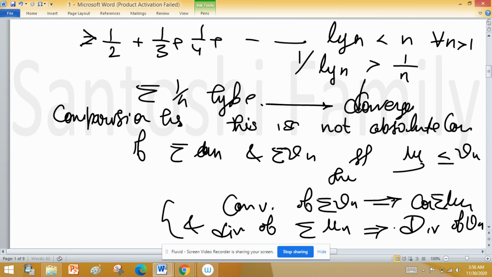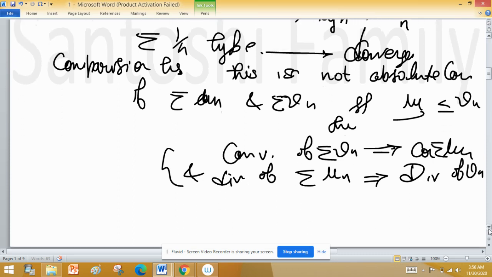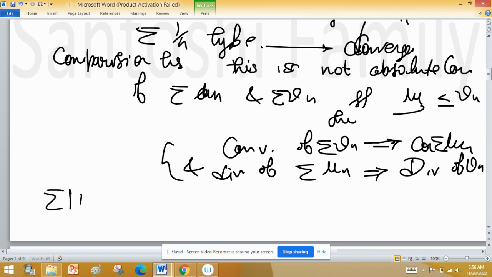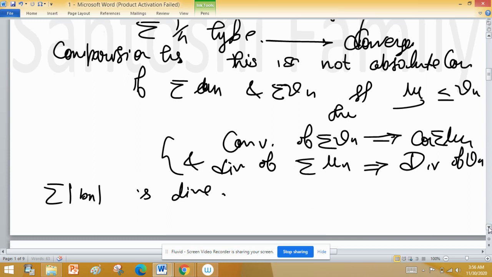Remember this test or result, it will be helpful in various cases. So the absolute series of bn is divergent.